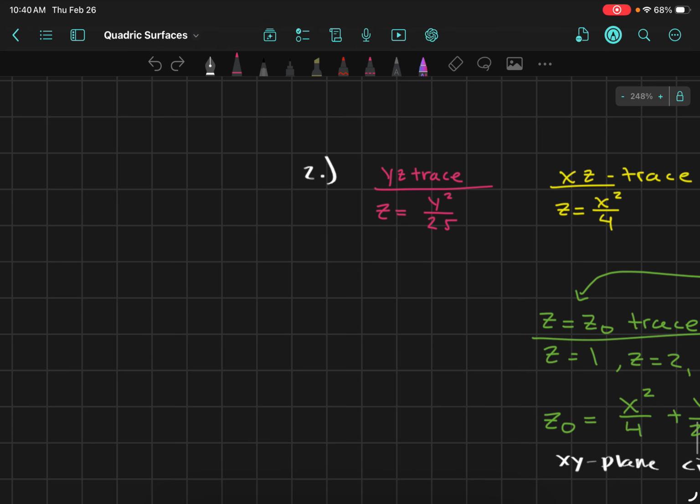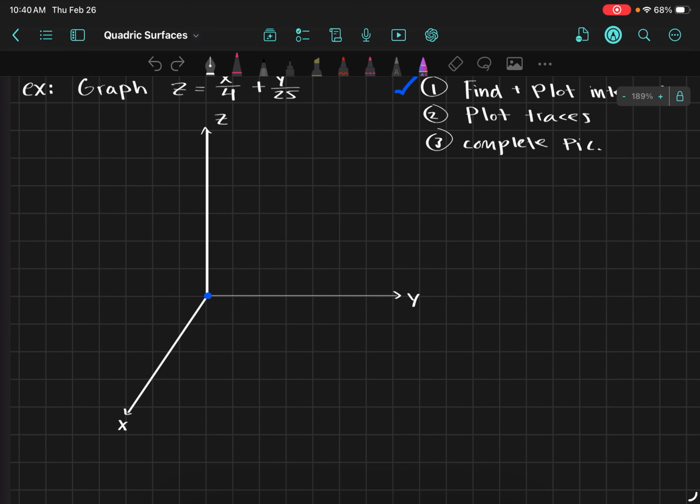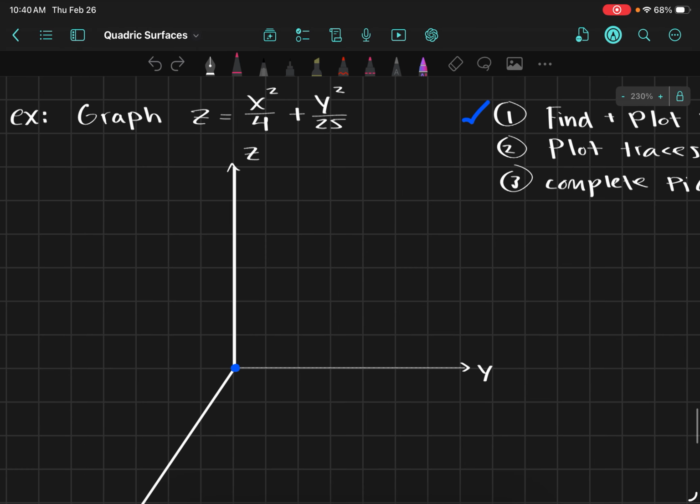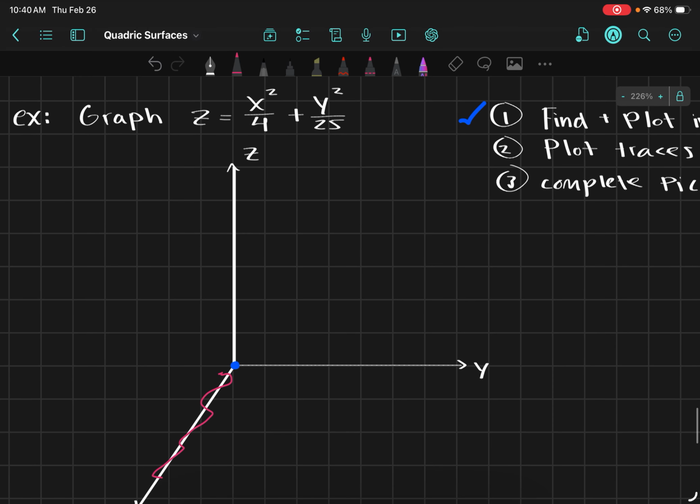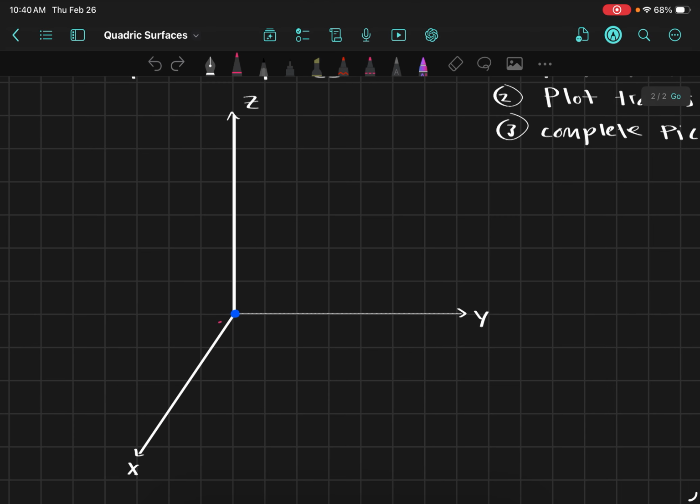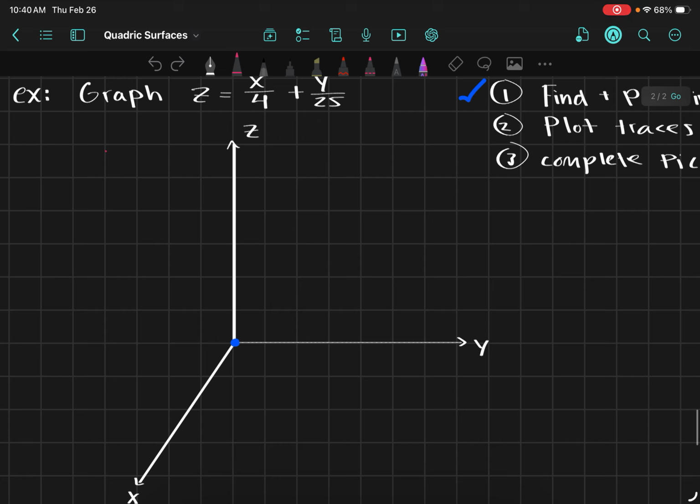So our yz trace is z is equal to y squared over 25, meaning we are only going to be drawing this in the yz. We are going to forget this right here. Yz, we are just going to make a very rough parabola. All right. Just a little parabola. Looks good.